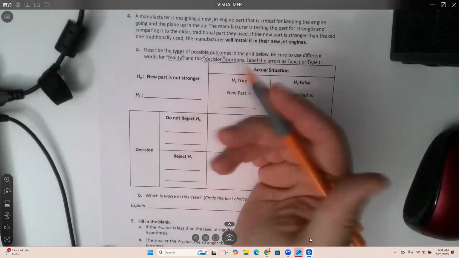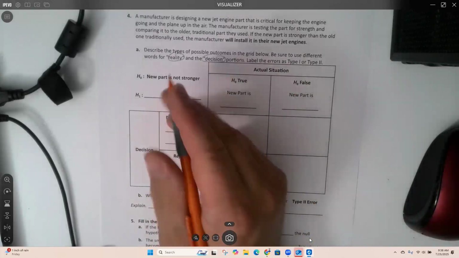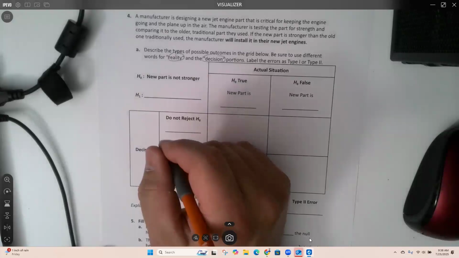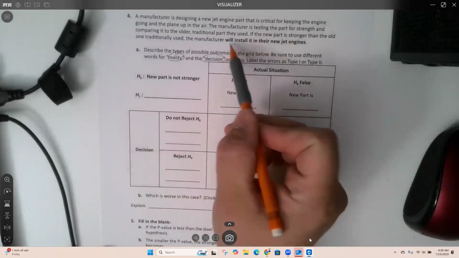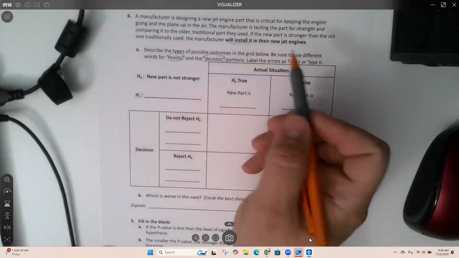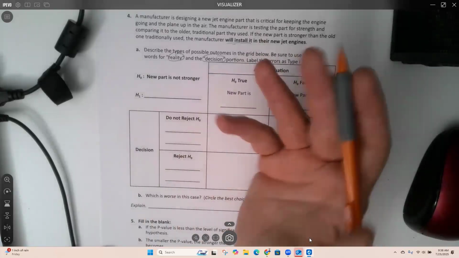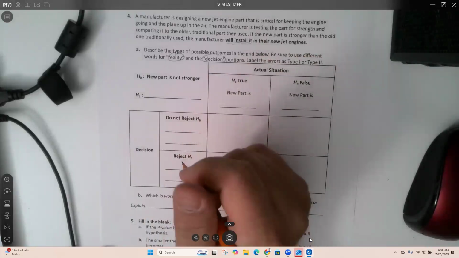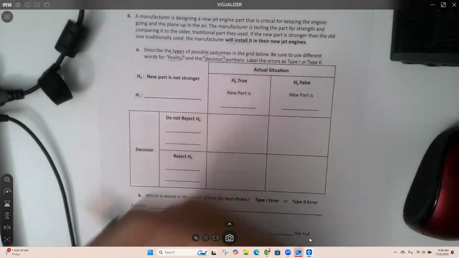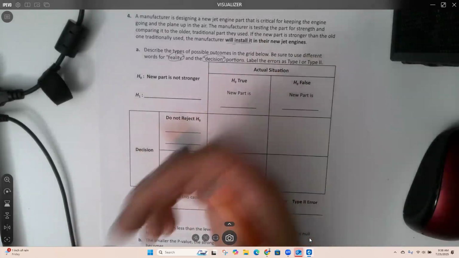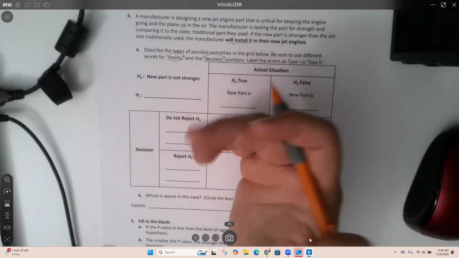We're not testing everything, but we have to make a decision based on our sample. In this case, we're installing engine parts into these airplanes. The decision to install it or not is based on the sample. And since we did not check everything, there's a chance that we make an error, type 1 error, type 2 error.